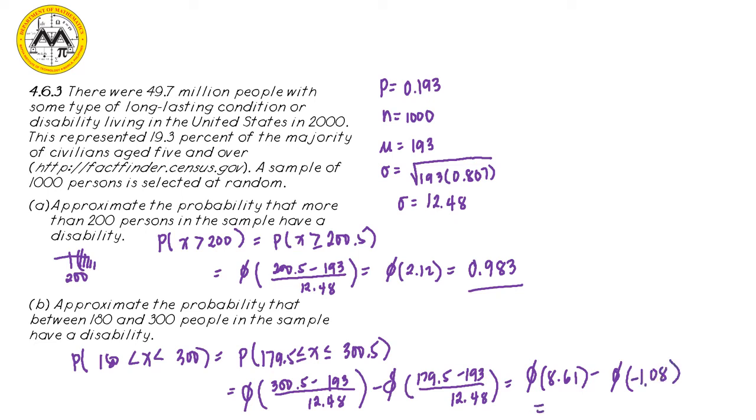So to solve for the probability, we have 8.61 for the upper limit, and for the lower limit, it's negative 1.08. So the answer is 0.8599.